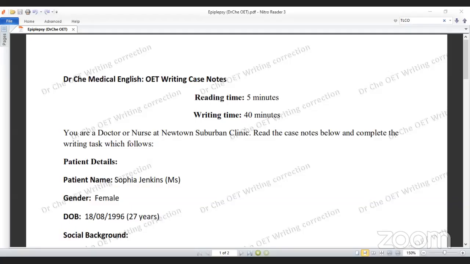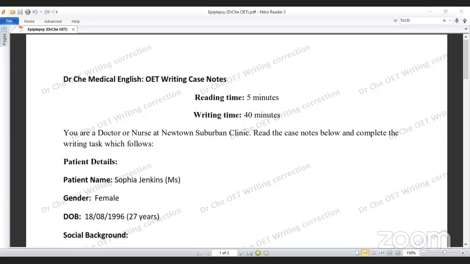Read the question, read the task. All of these things we need to do within 5 minutes. This is our 5 minutes reading time. Go to the task.